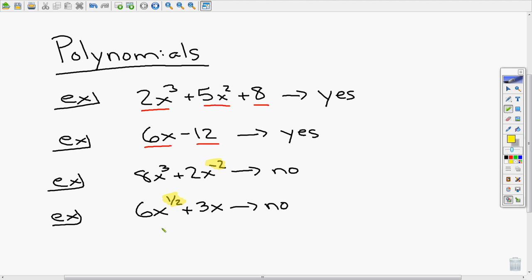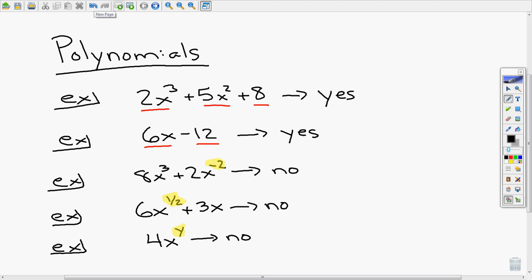You're not allowed to have a fraction in the exponent, so that one's a no. Then there's one other that comes to mind that's a no right away, and that would be something like 4x to the y. That one is not because it has a variable in the exponent. So that one is also a no. Okay, so anytime you have a negative, a fraction, or a letter in the exponent, those are not polynomials.